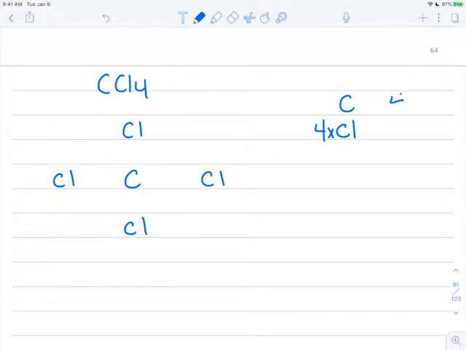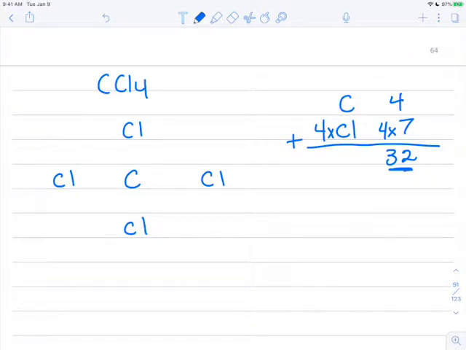Carbon has 4 valence, chlorine has 7, and we have 4 of those. So we add all this together, and if my arithmetic is correct, 7 times 4 is 28, and then adding the 4 from the carbon gives us 32. I know this is kind of a crash course in Lewis structures, so please make sure you watch that video. So we have 32 valence electrons to go around.